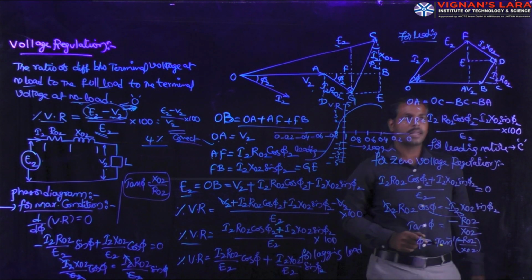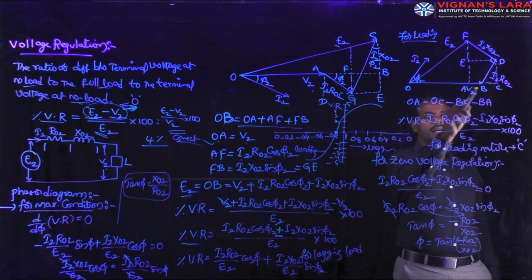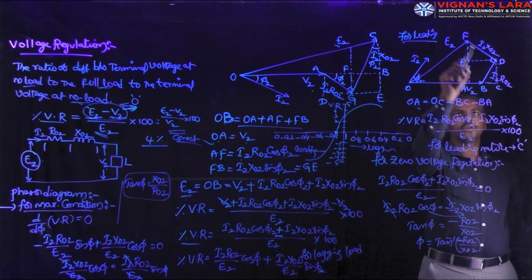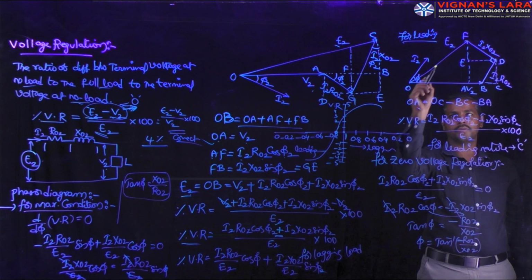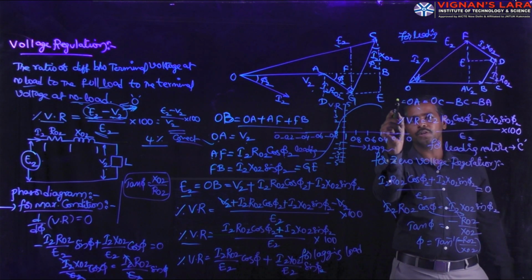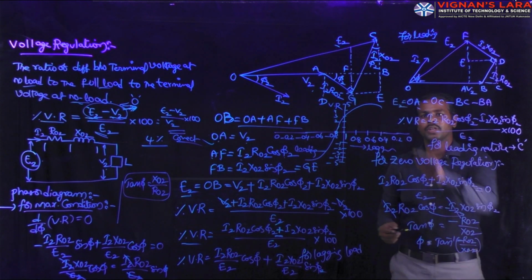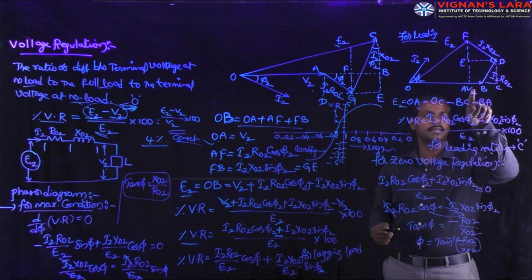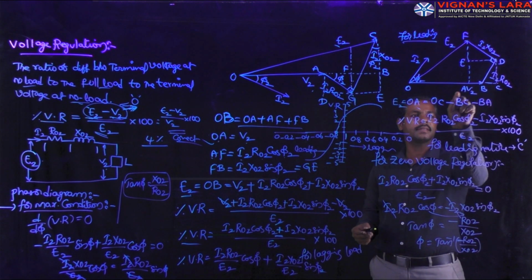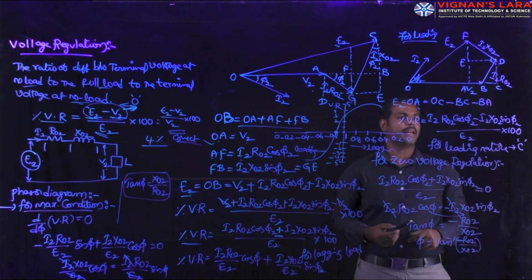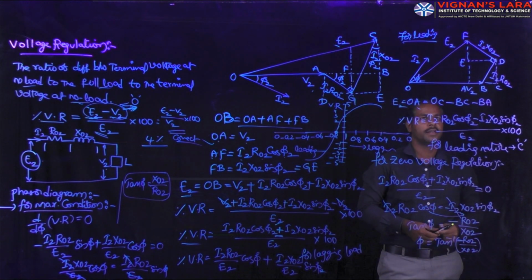OB is the terminal voltage, which is to be added with the I2 R02 and reactance drops, and the resultant one, OA, must be equal to E2. So E2 is equal to OC, the total value, minus BC minus AB. These three terms are to be eliminated.